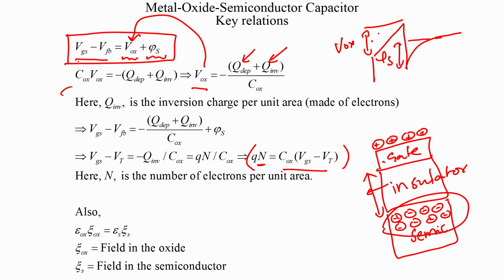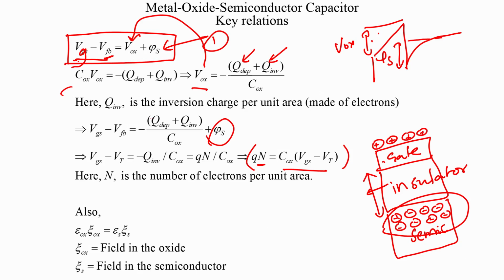The other relation, okay, now how do you find out what phi s is, because you have one equation, but I still cannot calculate phi s. I know what Vg is because I am applying Vg. We can find out what VFB is by looking up the metal and semiconductor work functions, but we still do not know what phi s is, because we do not know what Vox is.